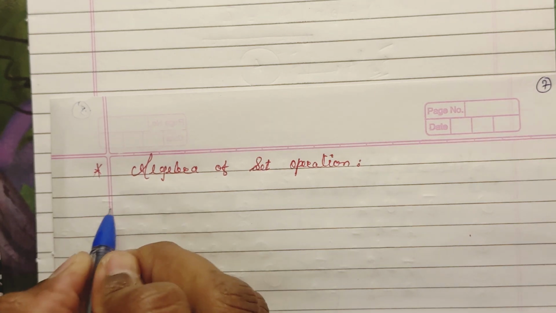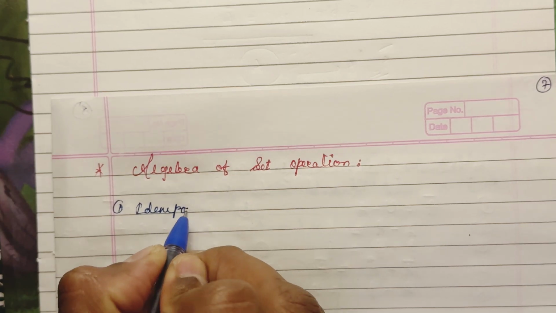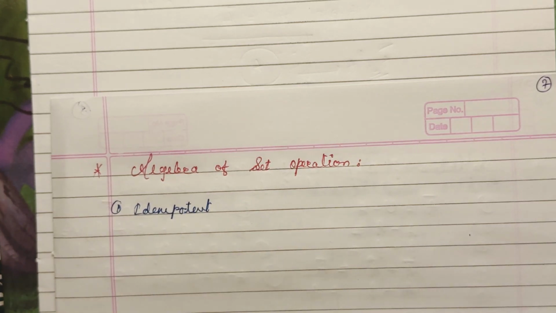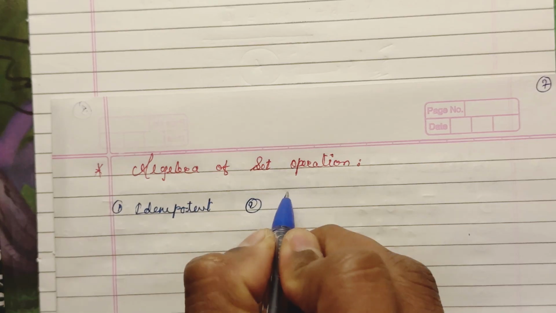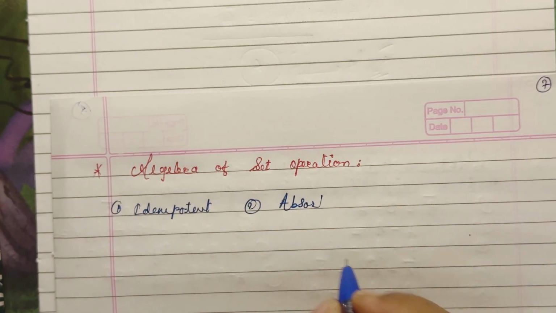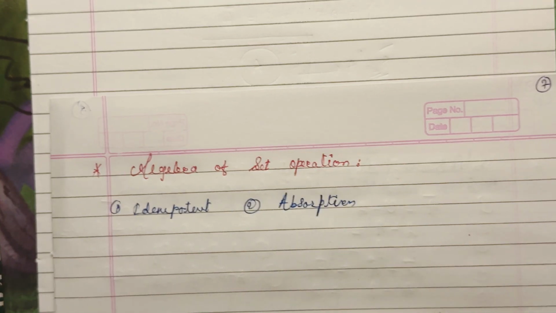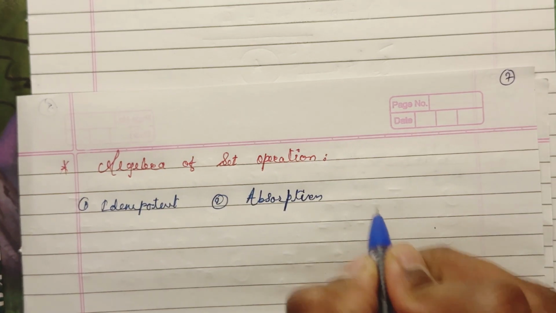We are all familiar with commutativity, associativity, distributivity, and such properties, and rules like the idempotent rule, absorption rule, and De Morgan's law.